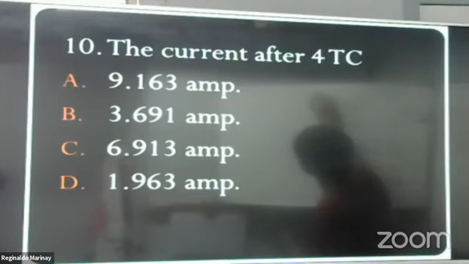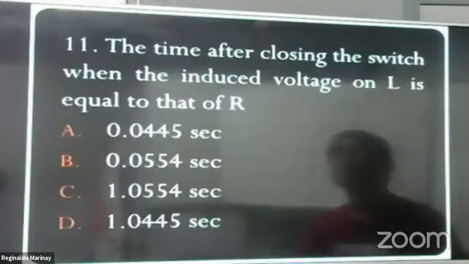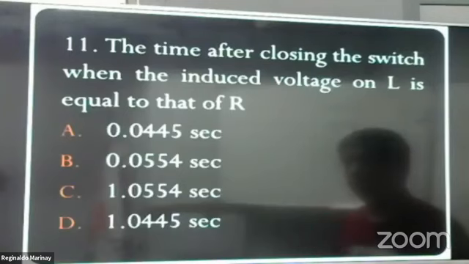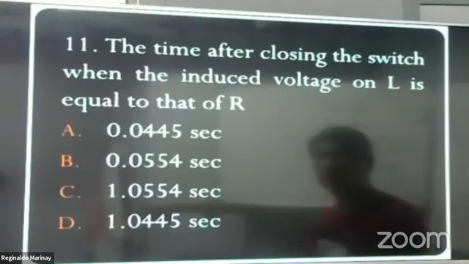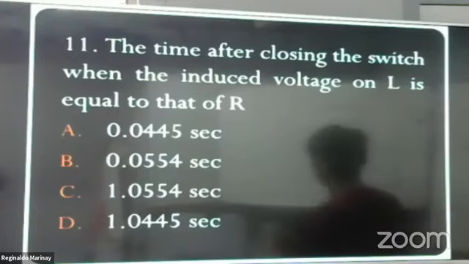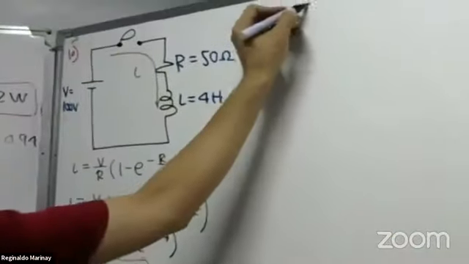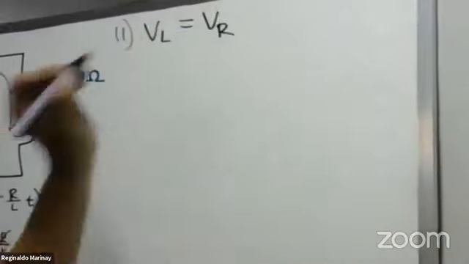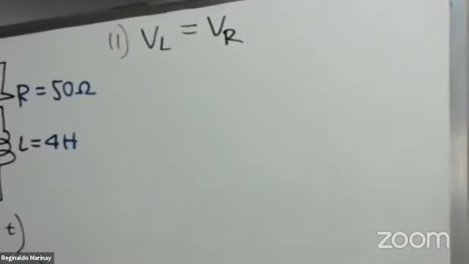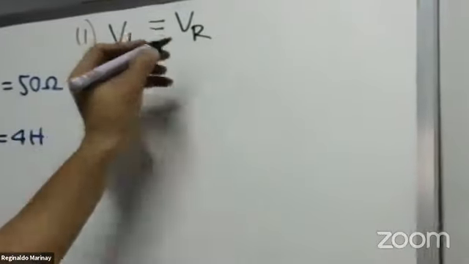Now number 11. The time after closing the switch when the induced voltage on L is equal to that of R. So VL is equal to VR. Remember the previous problem? It's the same problem, only with a change in the given.